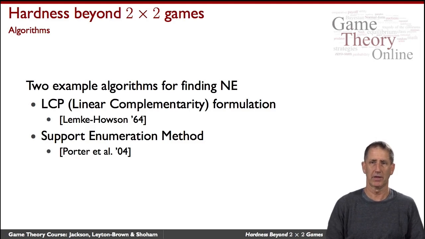These are two out of a long line of algorithms that have been investigated, and these are sort of two extremes. One of them starts with a mathematical formulation of the problem called a linear complementarity problem, and once you set it up as a mathematical optimization problem, you can apply various algorithms to that, and the most famous one for two-player games is due to Lemke and Howson.